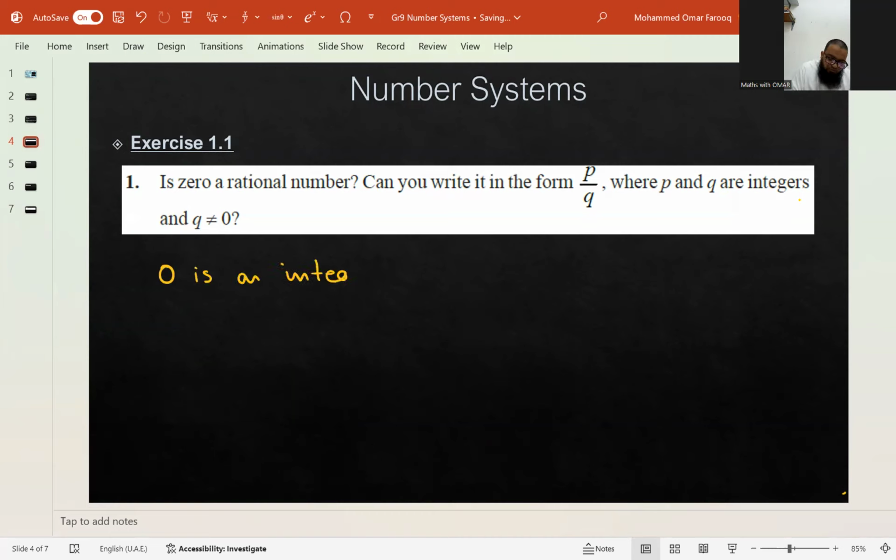And we have studied that all integers are included in rational numbers. Rational numbers are denoted with capital Q. So therefore, 0 is a rational number.